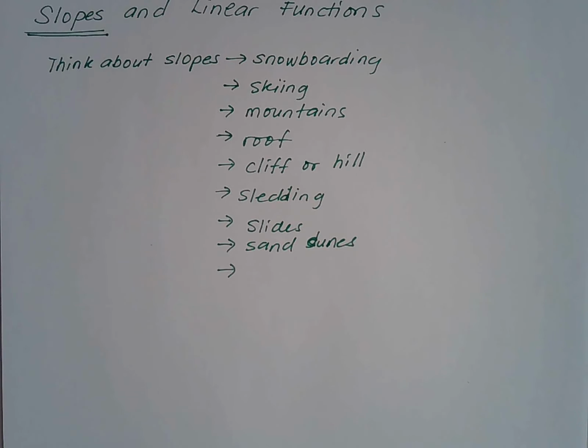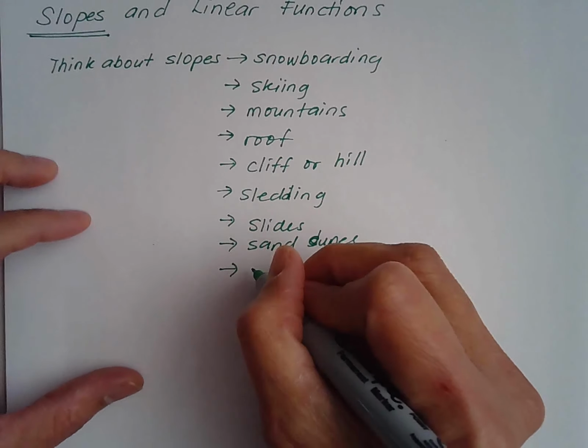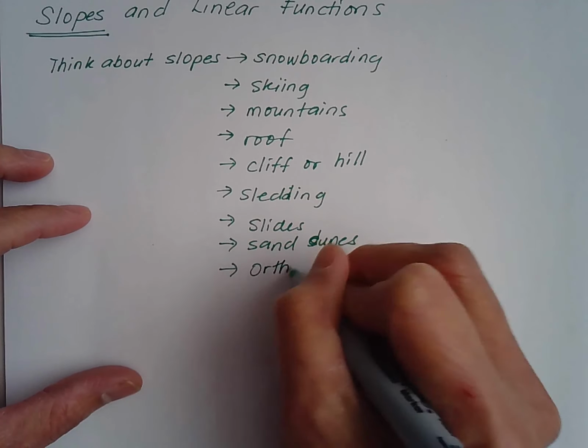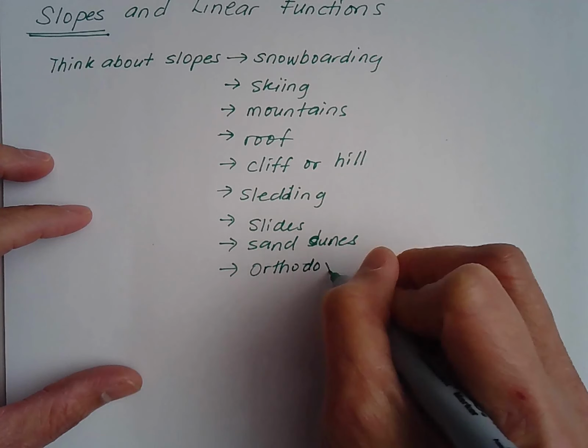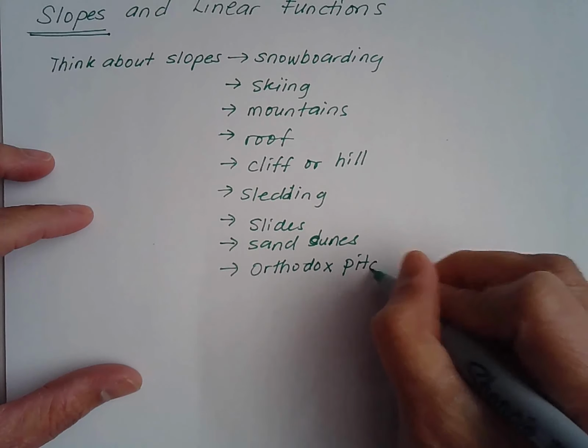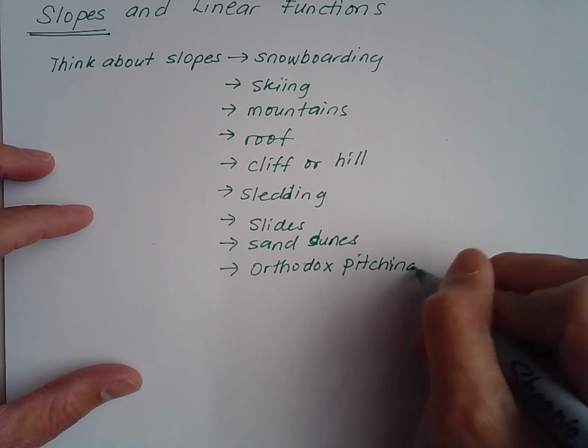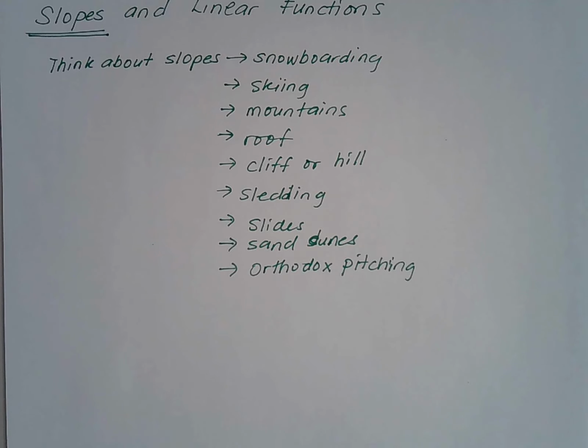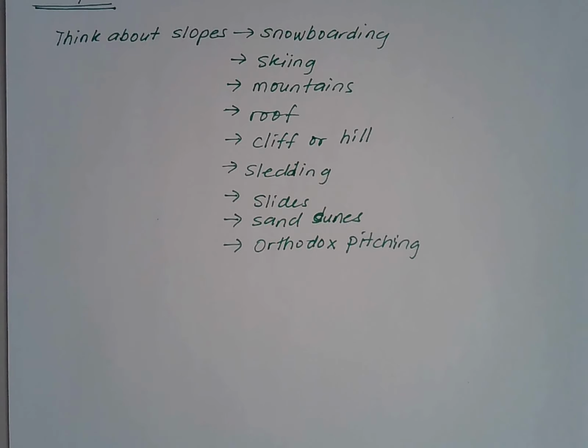Orthodox pitching. Okay, I've never heard of that. I don't know what that is. I've got to check that out. I played baseball for 7 years. I started off slow pitching and orthodox. Okay, sure. I'm not saying it's wrong, it's just I've never heard of it.